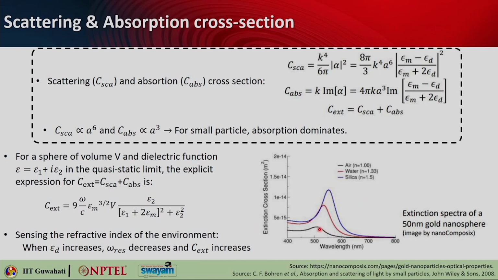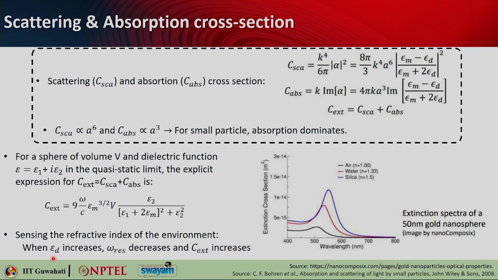So, as the dielectric, okay, there is a bit of a mistake here, this should be D, or you can say this is the medium. I will correct this later on. So, this is basically epsilon D. You can say it is a dielectric, or you can also say this is the medium.